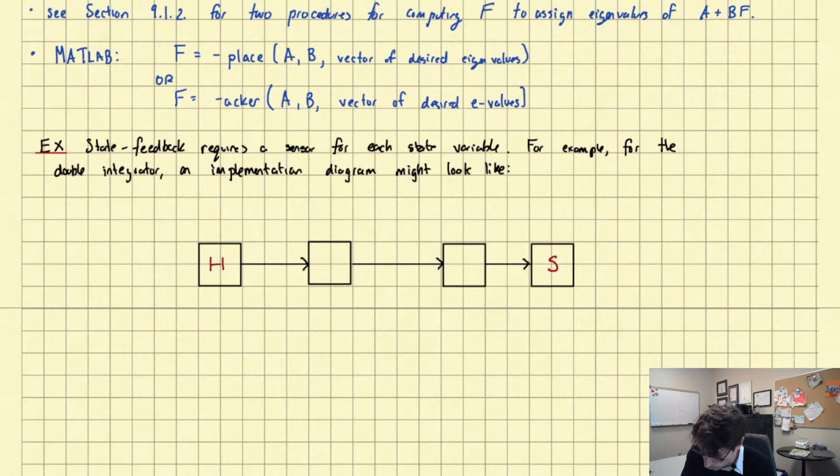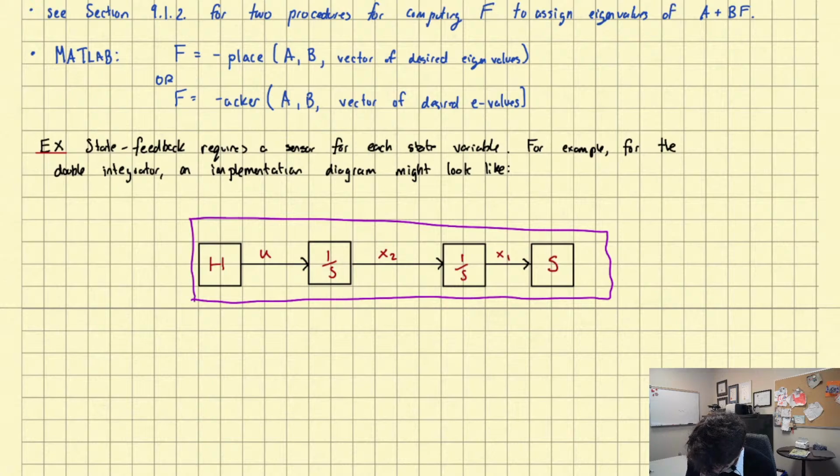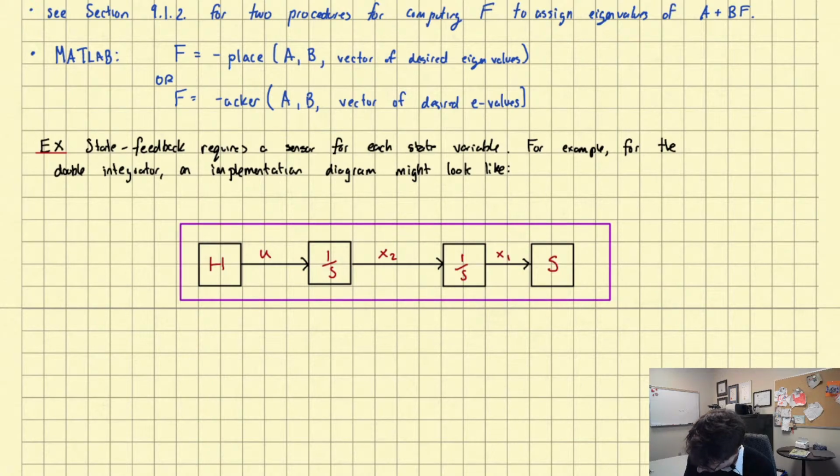Right, it takes as an input u. You integrate u and you get x2. You integrate x2 and you get x1. Right? And so this block here is c to d of the double integrator. So I'll remind you that this is x plus. Okay, so there's that system.